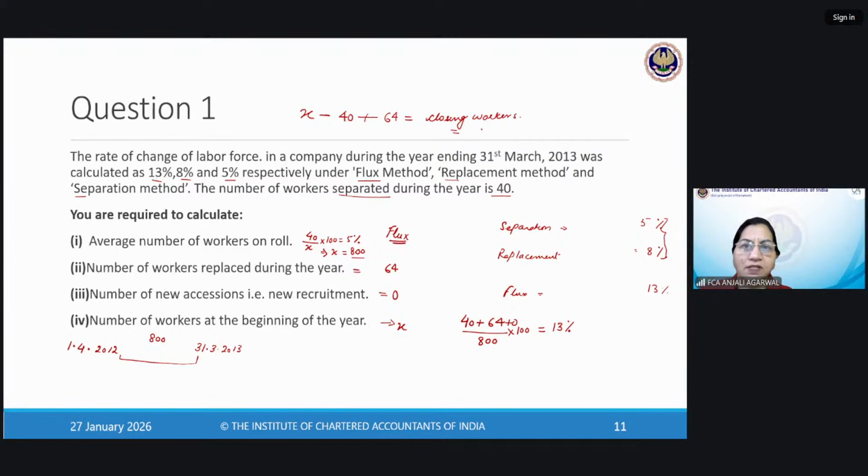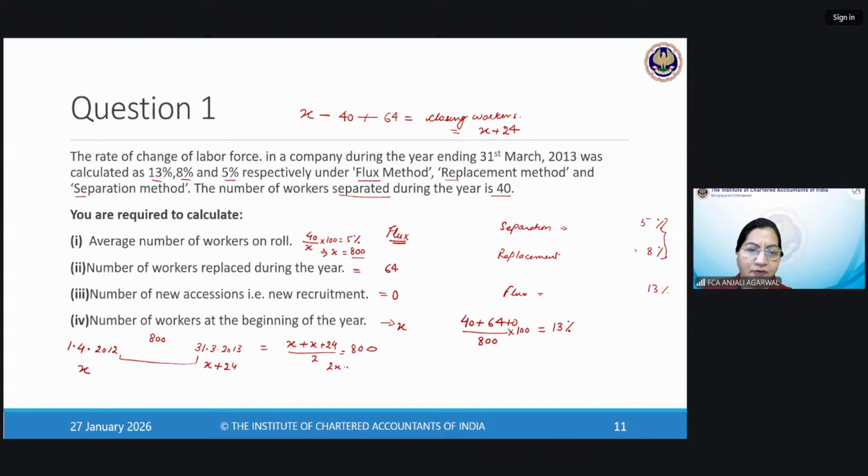So this is how much? X minus 40 plus 64, X plus 24. So if your opening number of workers were X and the closing number of workers are X plus 24 and your average is 800, so you can find out the value of X. Opening plus closing divided by 2 is giving you 800.